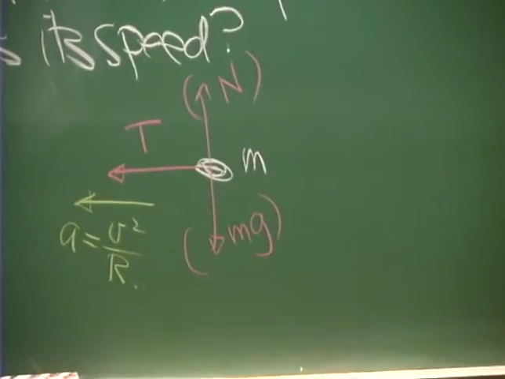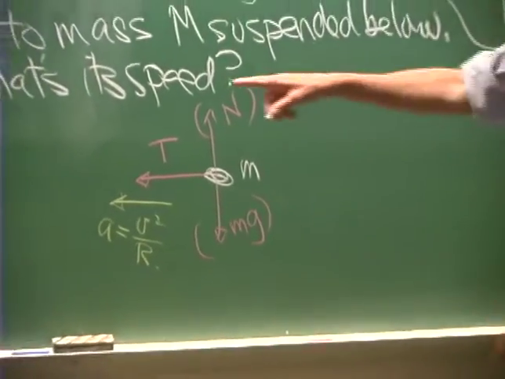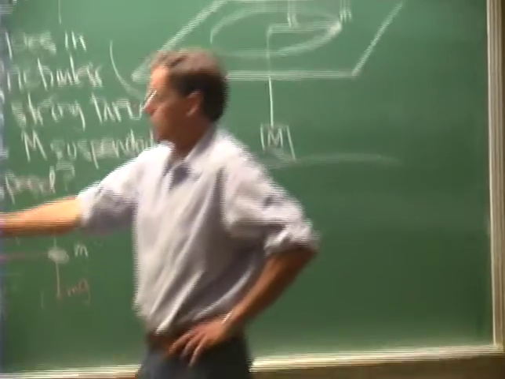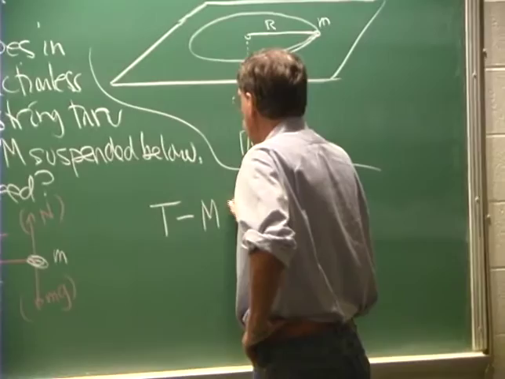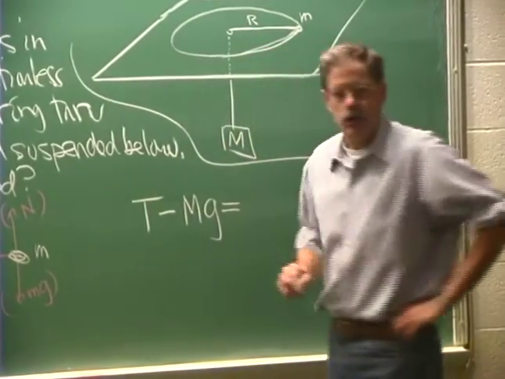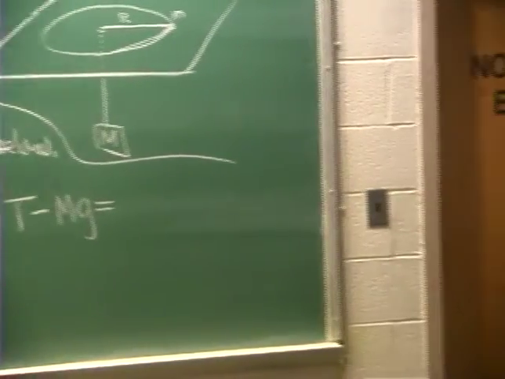Okay, now let's write down Newton's second law for each one. For the first one, T minus mg equals, you tell me. Zero. How come? That one's not accelerating. Who said it's not accelerating?